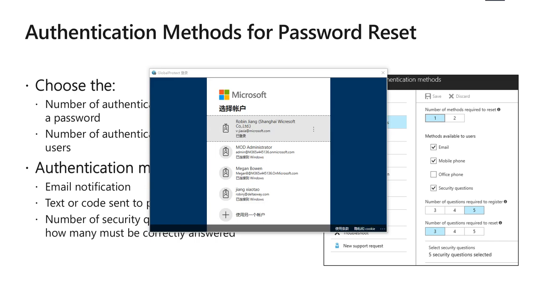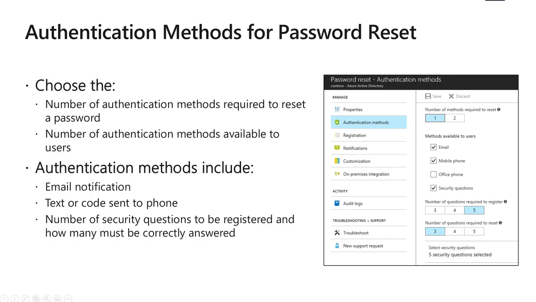So regarding security, oops, something is wrong with my VPN. So let me, okay. So this can be configured to require a certain number of questions to be registered for users in your Azure AD tenant, right? In addition, you must configure the number of correctly answered questions that are required for a successful password reset. Actually, none of these settings should be unfamiliar to users, right?